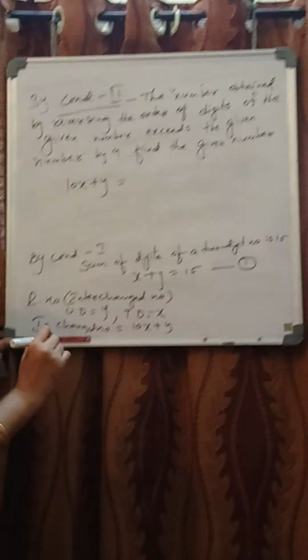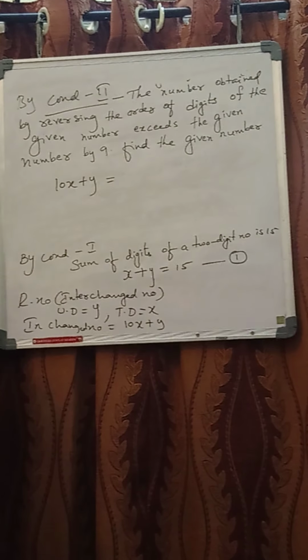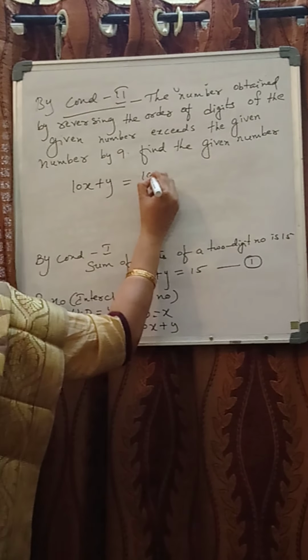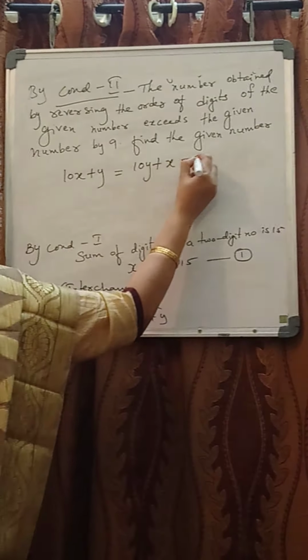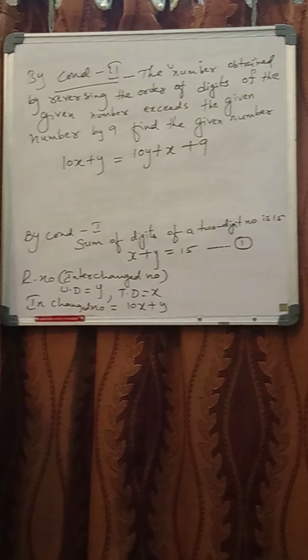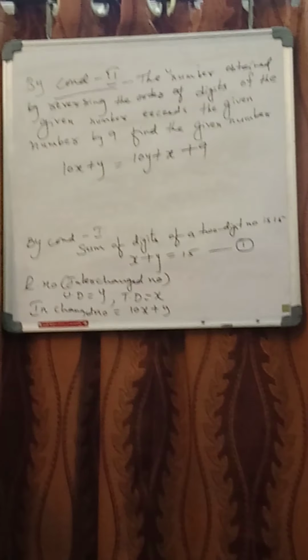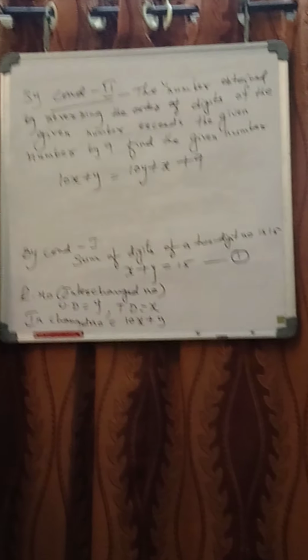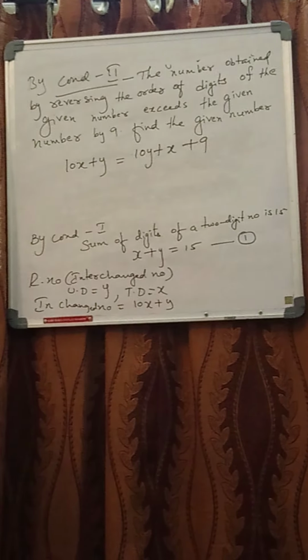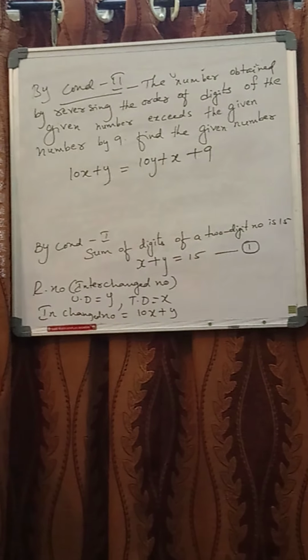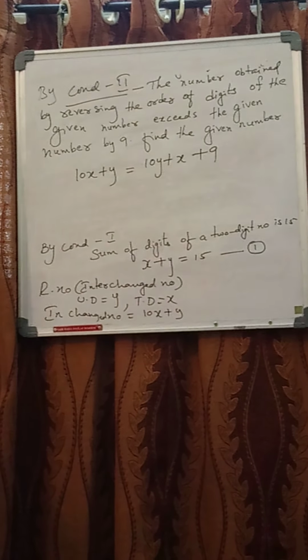What is the given number here? 10y plus x, plus 9. This is the second condition, children. Reverse digit number is equal to original number plus 9, or interchanged number is equal to original number plus 9.